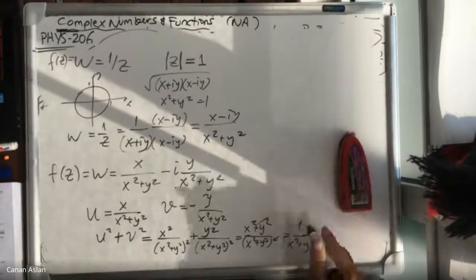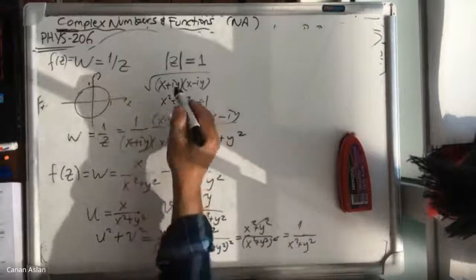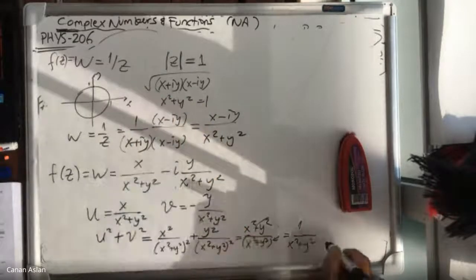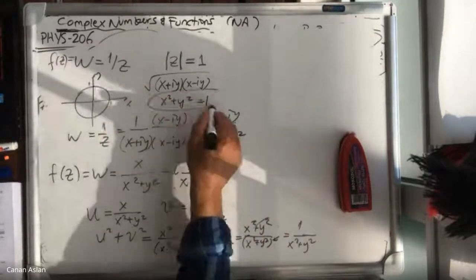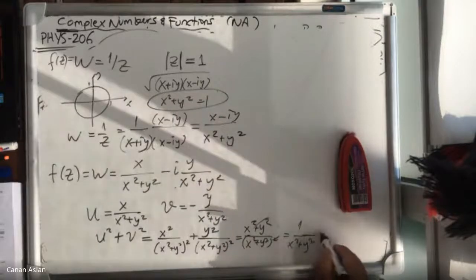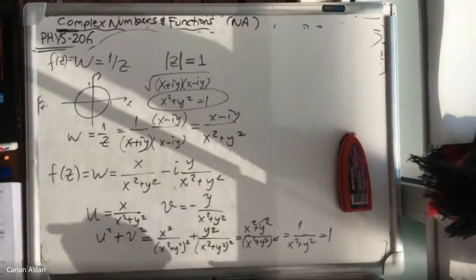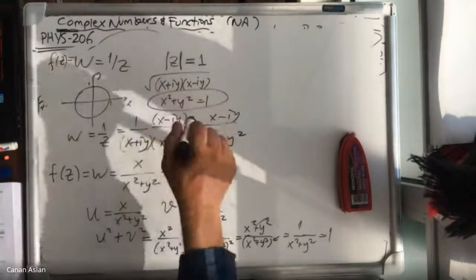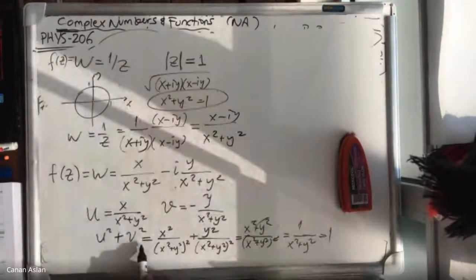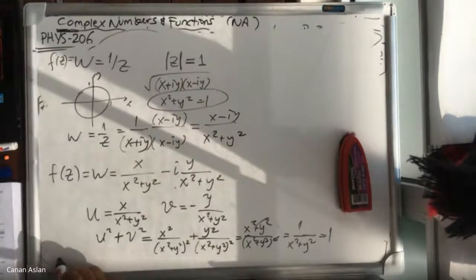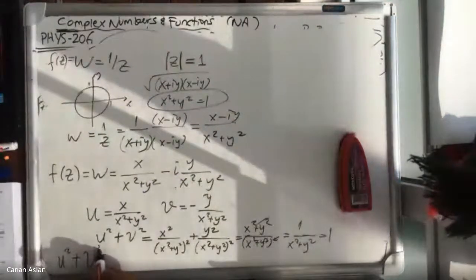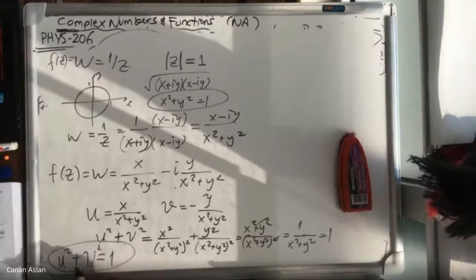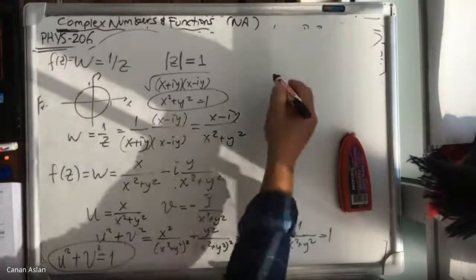But remember that x squared plus y squared was just 1, so this is also 1. We used the property that x squared plus y squared equals 1, so u squared plus v squared is also 1. u squared plus v squared equals 1 is the equation in terms of u and v only.